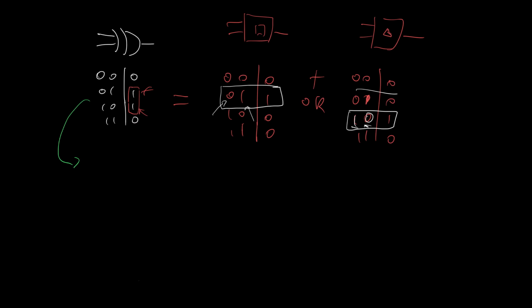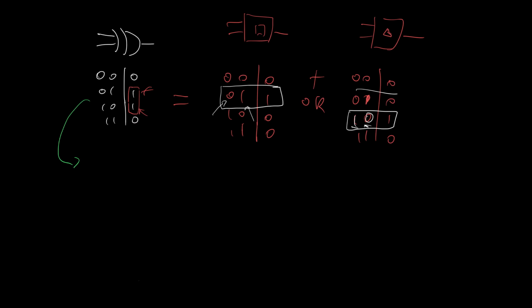Now I go down and look at the third row. It's also a 1, so I need to do something. I need to do the same kind of thing. I need to write down a logic gate that will output a 1 if and only if the input is 1, 0. And so I know I can do that using an AND gate, because the output of an AND gate is only going to be a 1 for a particular input and no other. I want the first input to be a 1, so I just leave it like that.